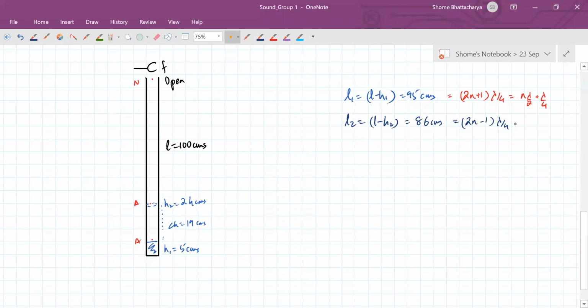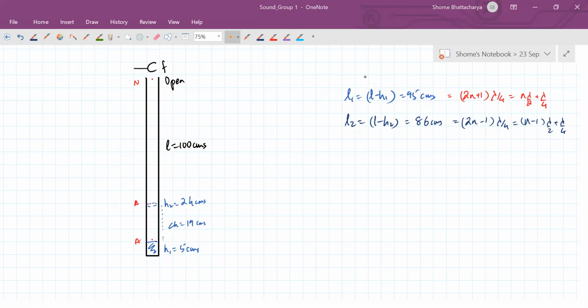Okay. So this is 1/2 wavelength less. So this is n minus 1 lambda by 2 plus lambda by 4. Yeah, exactly. Okay.